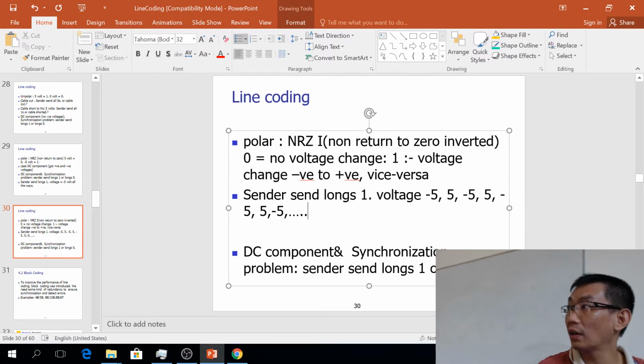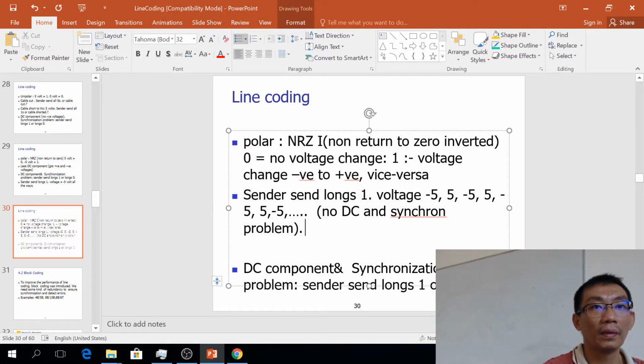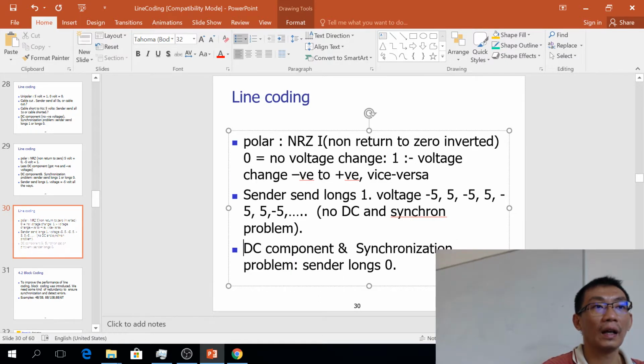So there's no DC and synchronization problem. What happens if the sender sends long 0s? So you still have a DC component and synchronization problem. So how do you improve from there?